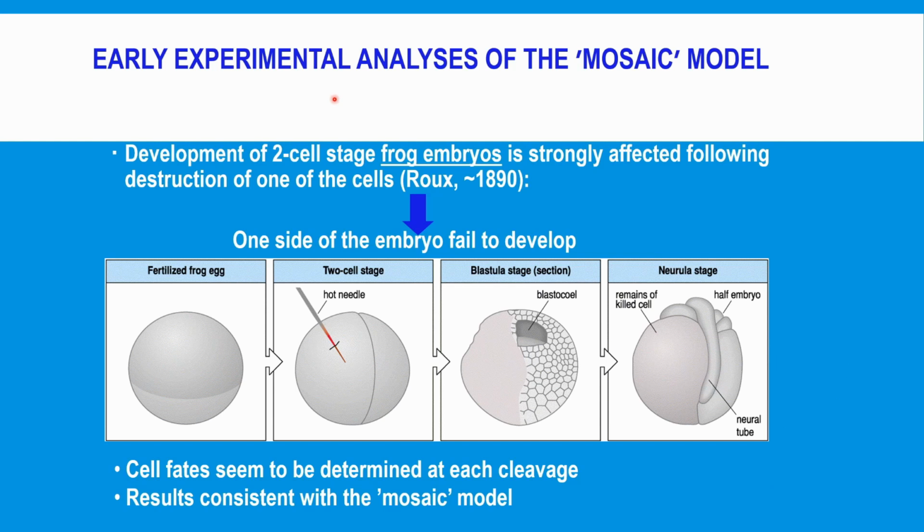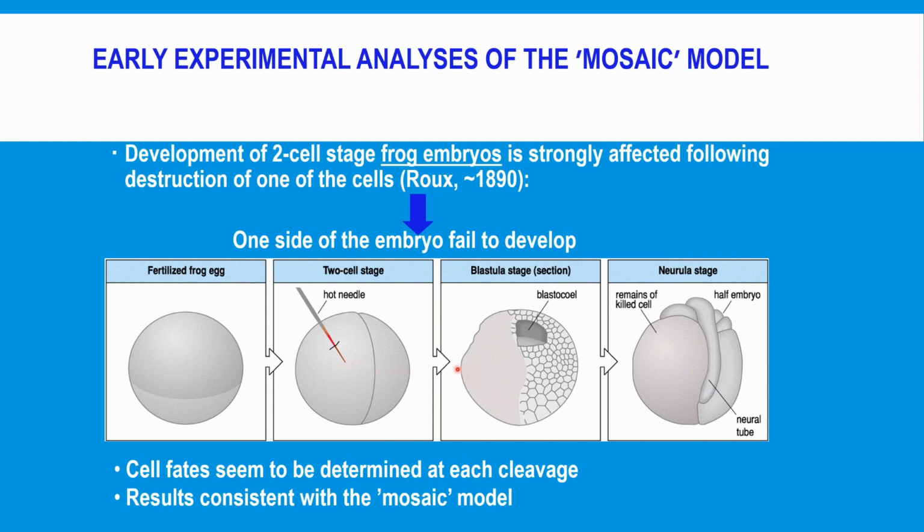And there was some early experimentation done to test the feasibility of these models. And this was done with Xenopus or frog eggs. What they saw was that if they had a fertilized egg, they let it divide with the first cleavage, and then they killed one cell with a hot needle.